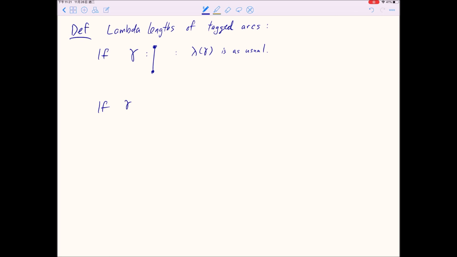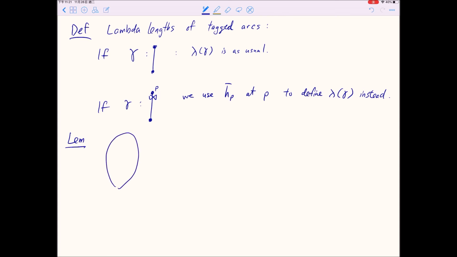However, if your arc is tagged, say at a puncture P, then we will use the conjugated horocycle at P instead of the originally chosen horocycle to define the lambda length of gamma. Then it follows from the previous lemma that this gives a very good resolution.